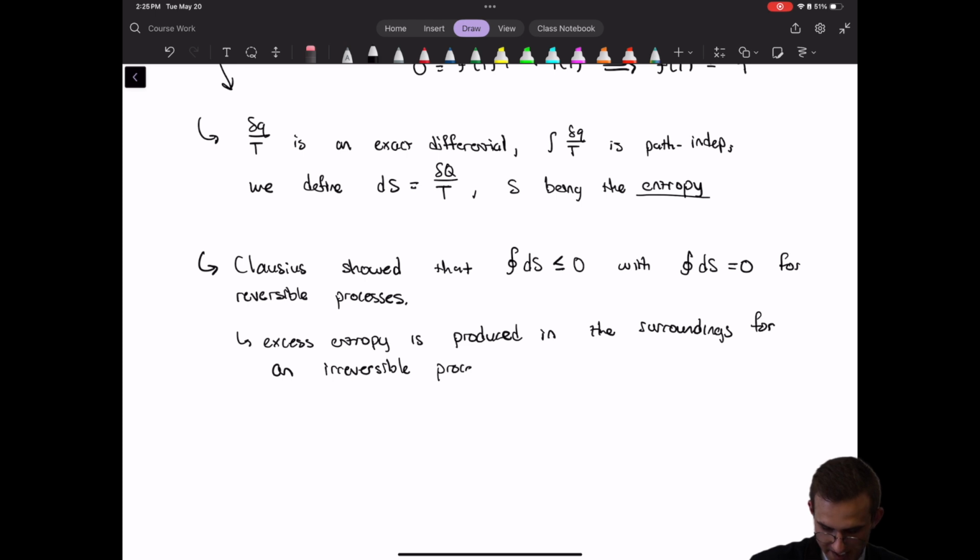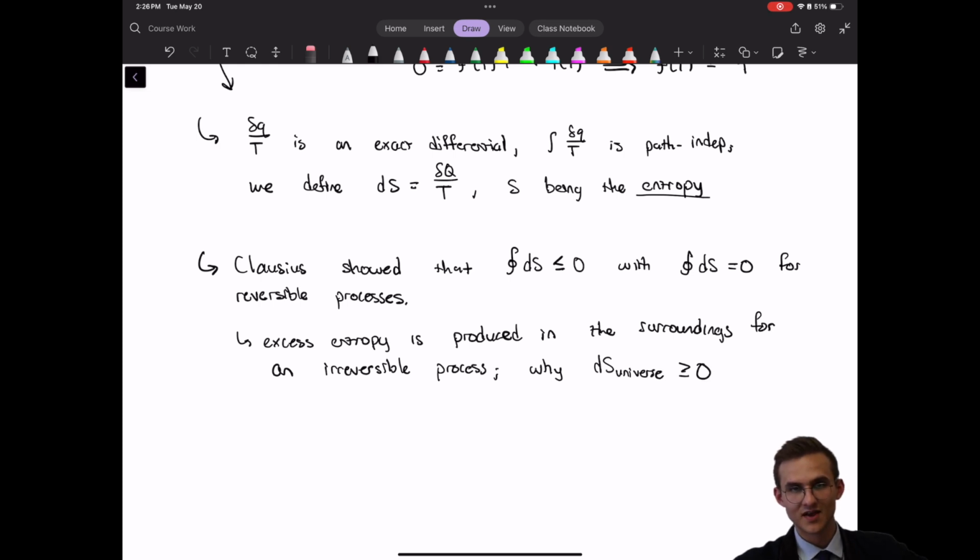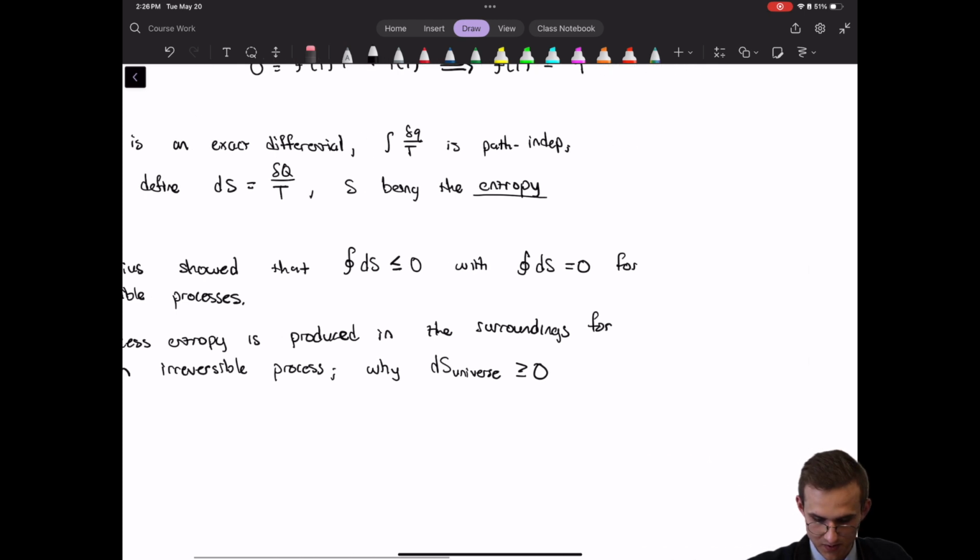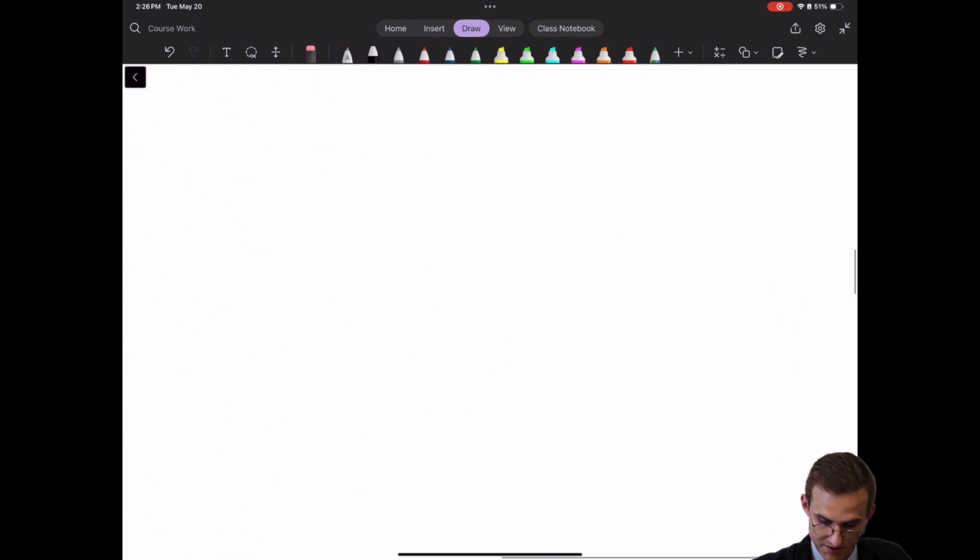And that just has to do with the sign of the heat transfer, sign of delta Q, right? This is why you may have heard that dS of the universe is increasing. And this is super interesting. So this is where we'll scroll up and look at some pictures here.